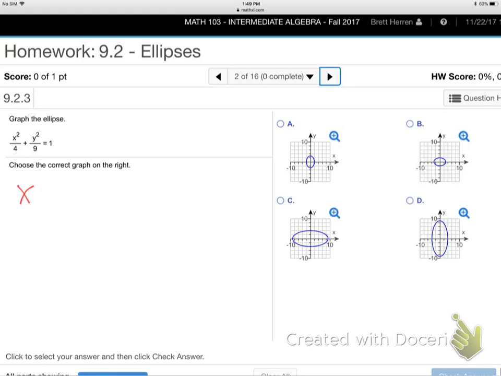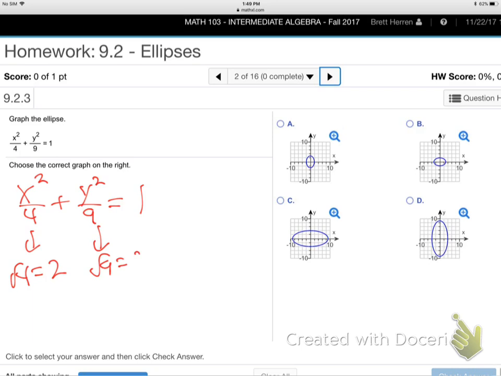Okay, so x squared over 4 plus y squared over 9 equals 1. So whatever's underneath x, square root, 2.